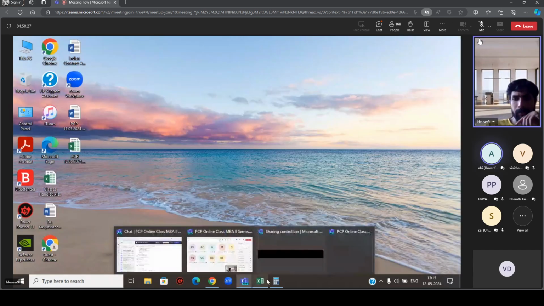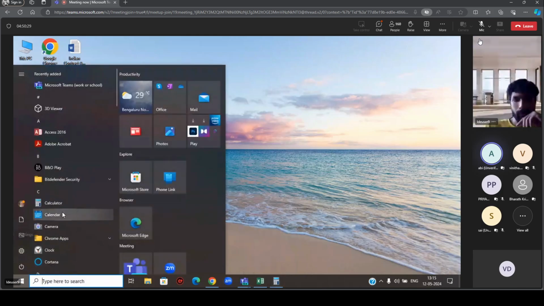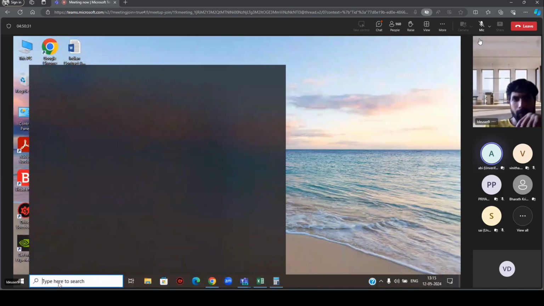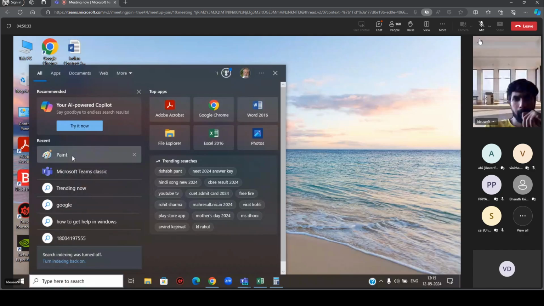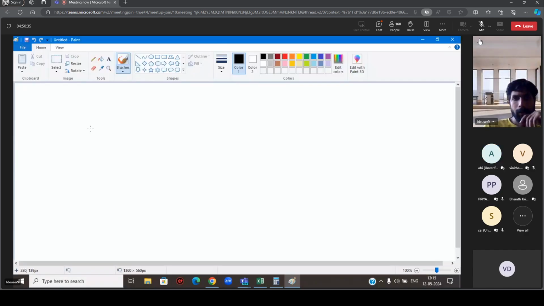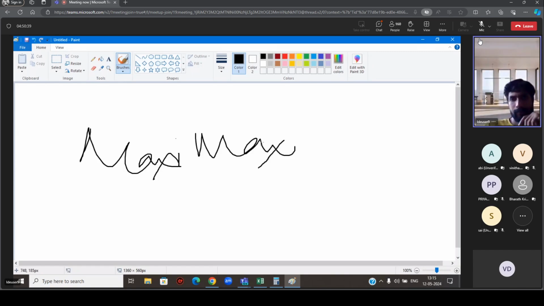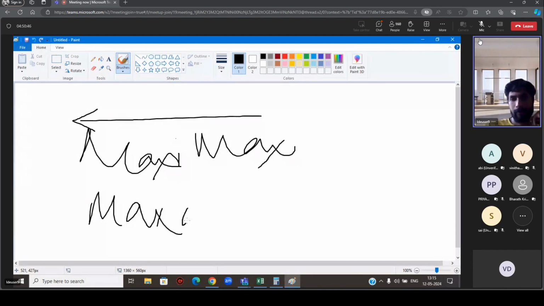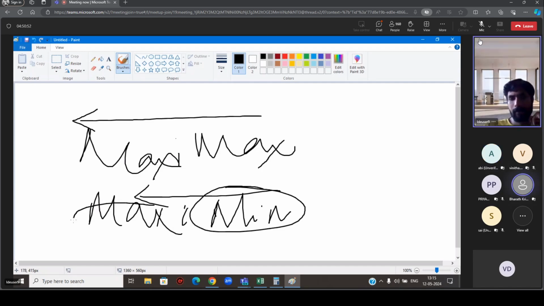Now you see here, whenever I say maxi-max, always read backwards. If it is maxi-min, always start by taking the minimum, then you have to take the maximum.